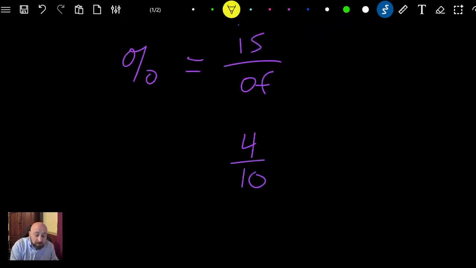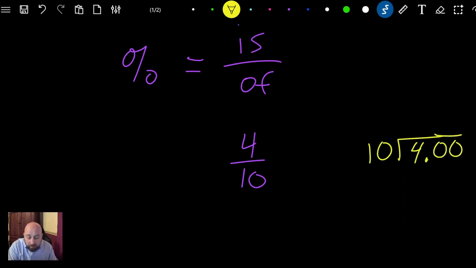I've talked to you about this already, but what does this line mean right here? Well, it means fraction. Yes, I know. But what does it mean? What does the fraction bar mean in math? It means to divide. So we are going to do 10 into 4. Well, you can't really do that, so we have to add a decimal point and zeros, okay, so that we can actually make this happen. Now you say 10 goes into 40 how many times? 10 goes into 40 4 times.